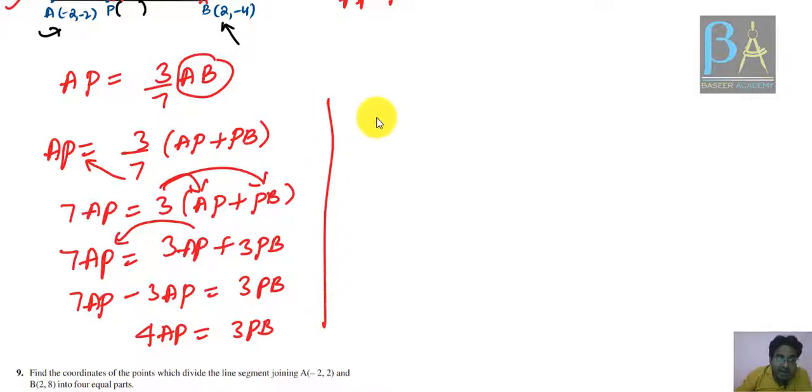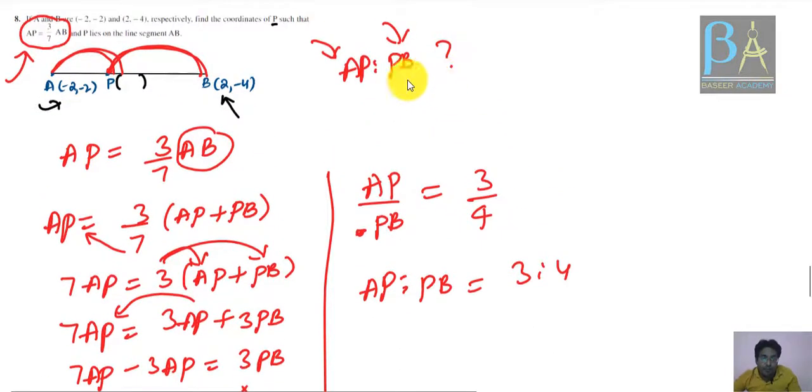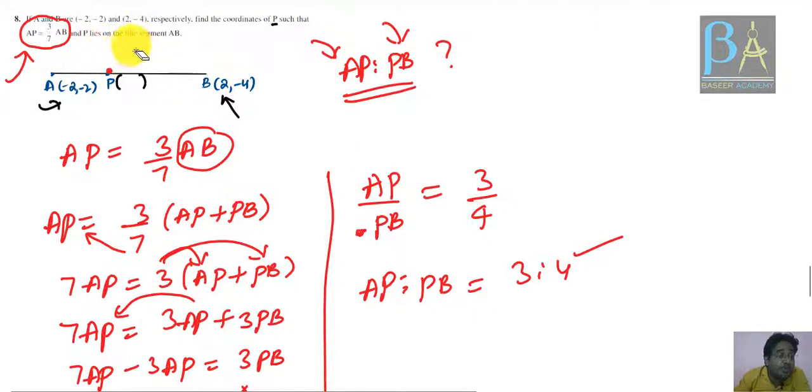Now I can write this as AP by PB is equal to 3/4, because PB was multiplying on the right hand side, so I divided it on the left hand side, and then 4 was multiplying on the left hand side, so I divided it on the right hand side. So I am now getting AP is to PB as 3:4. I wanted to find out AP is to PB, and I got it as 3:4. So now I know the ratio in which the point P is dividing the line segment AB. The ratio is 3:4.